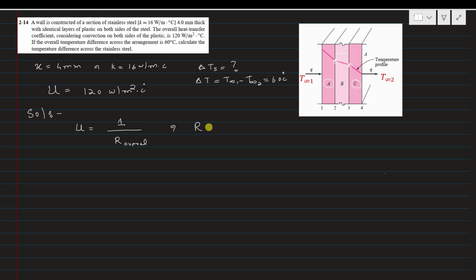The resistance offered to heat transfer by the steel section is equal to X divided by K. What is X? That is the thickness, 4 millimeters, so that becomes 0.004 divided by K. What is the K value? That is 16. When you divide it, you will get the resistance offered by steel, that is 0.00025.